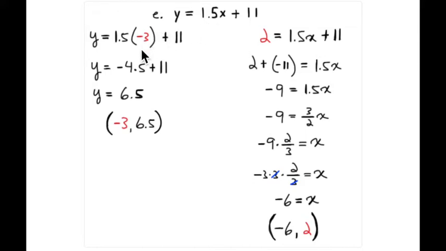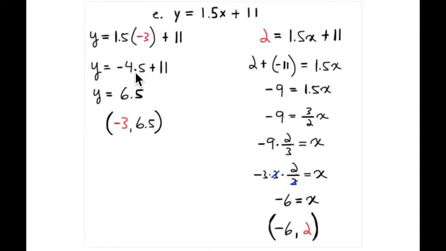So let's work down the left side first. So x is negative 3. So negative 3 times 1 5/10. Well, 3 times 1 5/10 is 4 5/10. 3 times 15 is 45. But you're looking at the opposite of that. So it's a negative 4 5/10 plus 11.